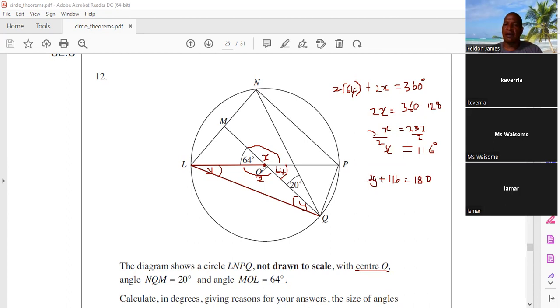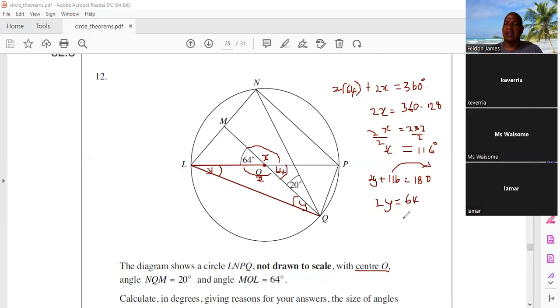We want to solve for y because this is just what you want to know. So you subtract 116 from 180, you get what? 64, sir. 64.